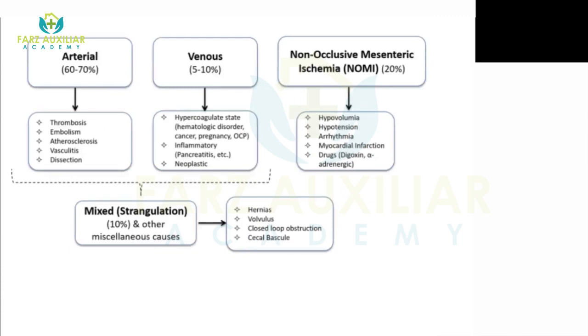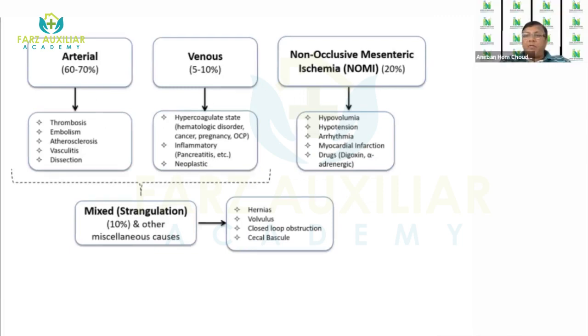Just for the sake of your background information, it is good to know that the majority of the time this ischemia has an arterial component. This can be because of thrombosis, embolism, mixed atherosclerosis, vasculitis, or dissection. Of course, thrombosis is the commonest.